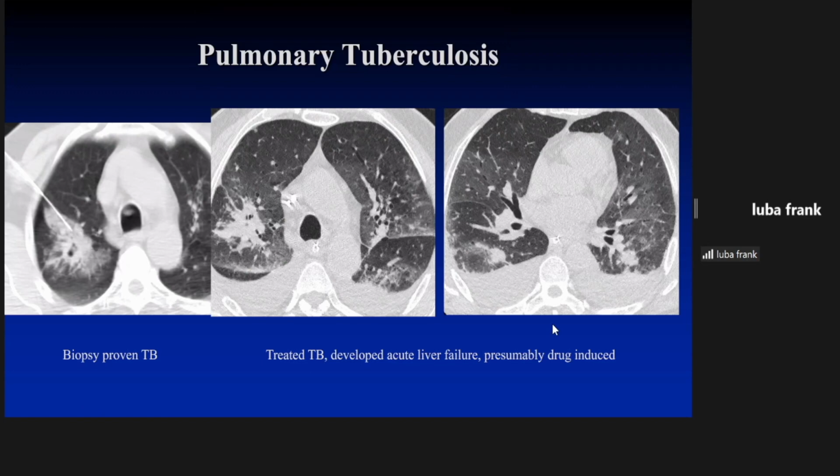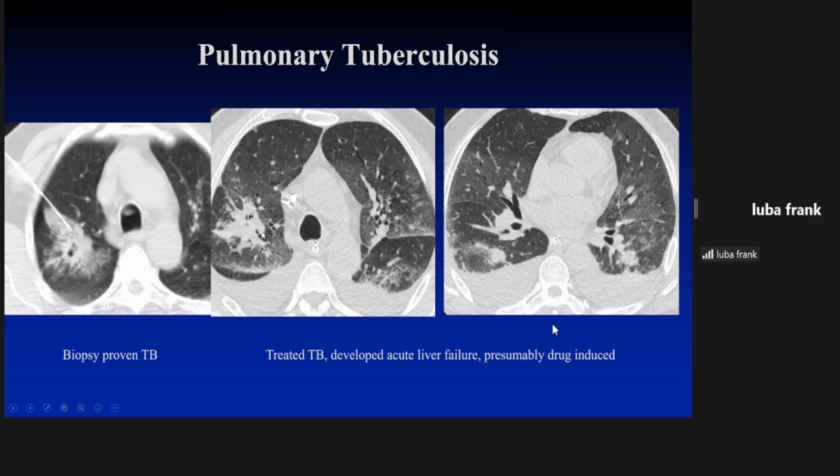The patient was started on treatment. Unfortunately, after treatment or during treatment, and probably because of his background of hepatitis C as well, he developed acute liver failure and did not survive. So here on the two images on the right, we're seeing again the mass-like appearance of tuberculosis in the right lung.